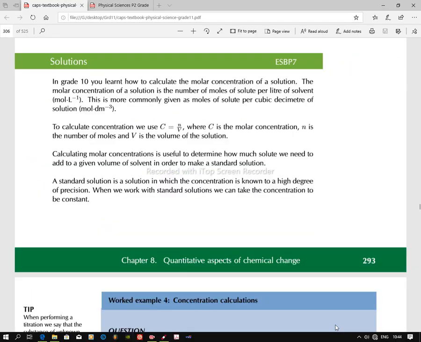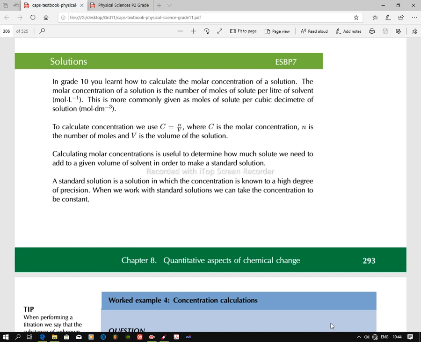So when we proceed with our lesson, we go to solutions. Let's study this introduction. They say in grade 10 you learned how to calculate the molar concentration of a solution. If you didn't study your grade 10 well, it's going to be difficult.